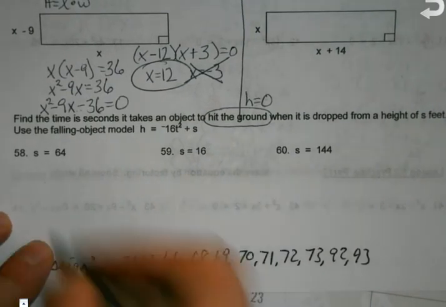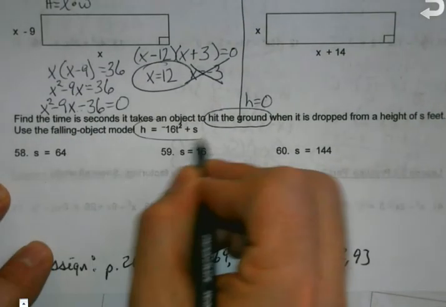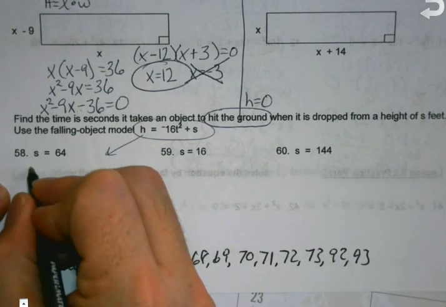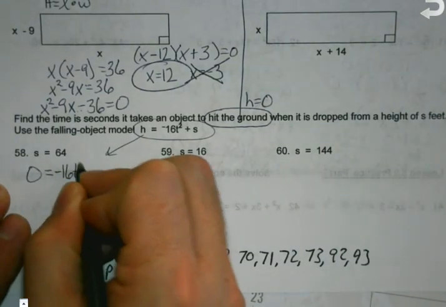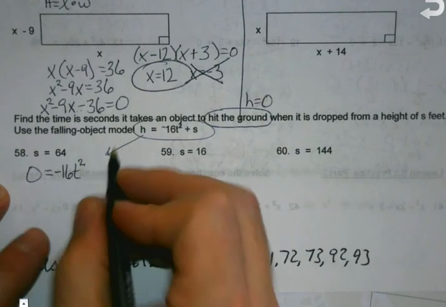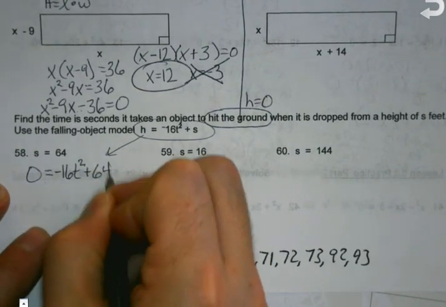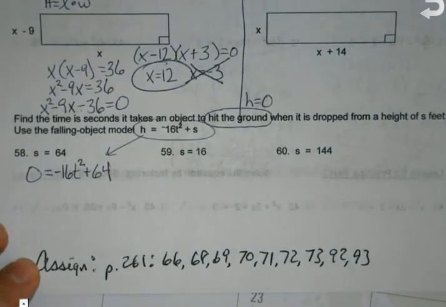So when we're using this equation, I'd have 0 equals negative 16t squared, because I'm looking for the time, plus whatever the initial height they're giving me is, which in this case is 64. So now I've got to solve this for t.